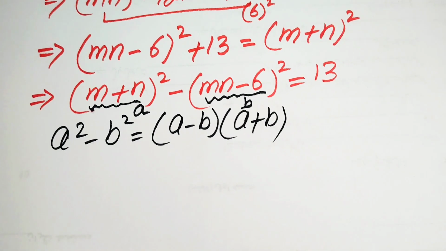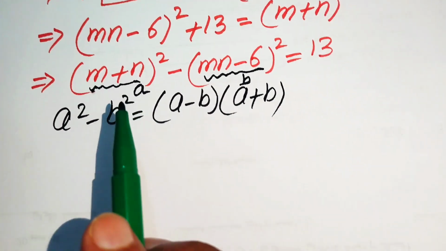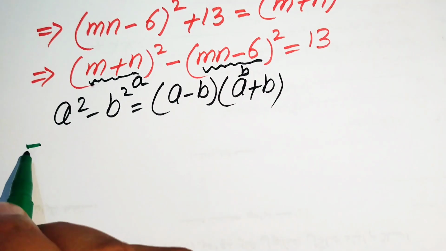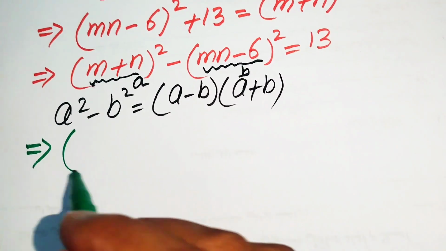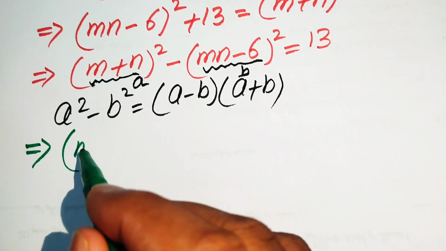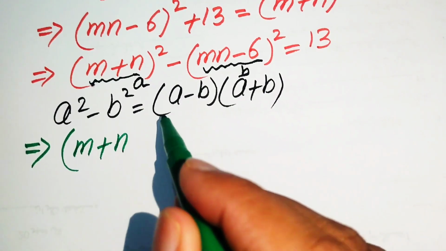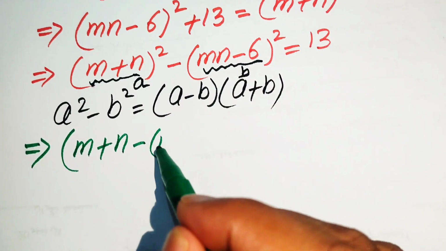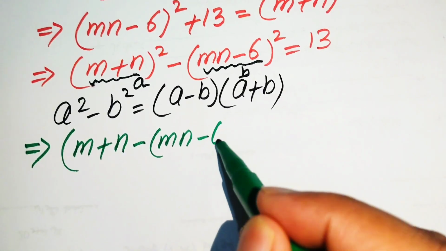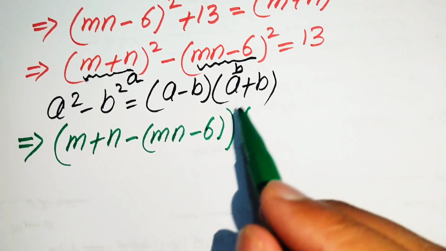So now we just substitute the values of a and b in the formula. When we use this formula, the above equation will be written as (a minus b), so here our a is m plus n and b is mn minus 6, times (a plus b).